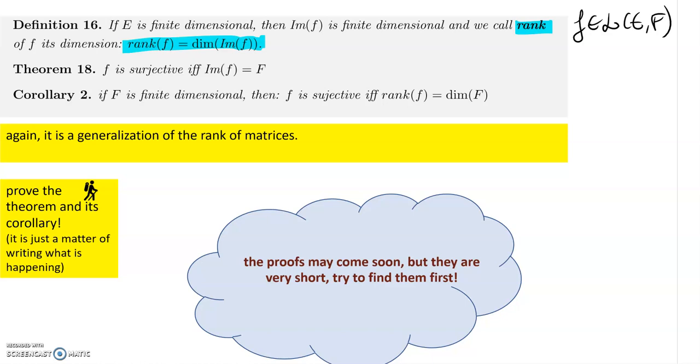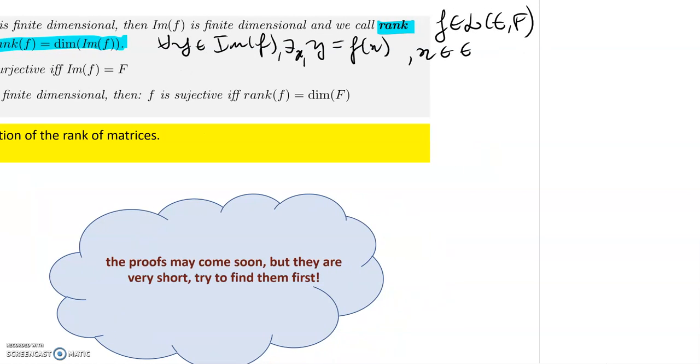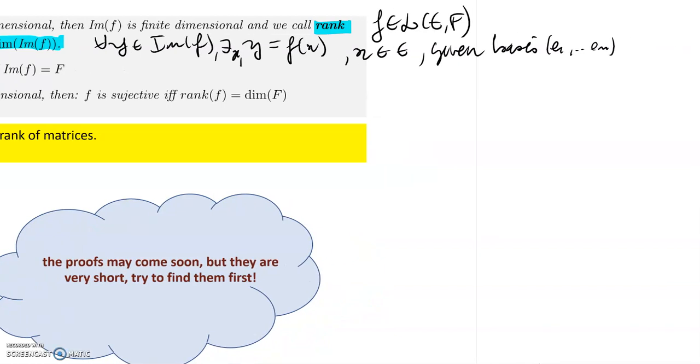Okay, we just saw previously that any y that belonged to the image of F was actually given by: if y is equal to f of x, it means that there exists x in E such that y is equal to f of x, and x can be written as a linear combination given a basis e1 to en. Let's assume E has dimension n.